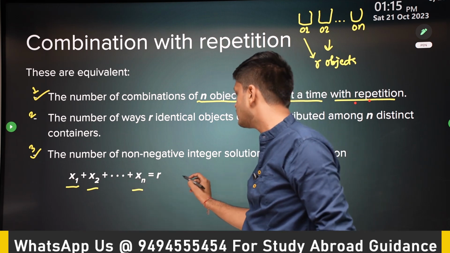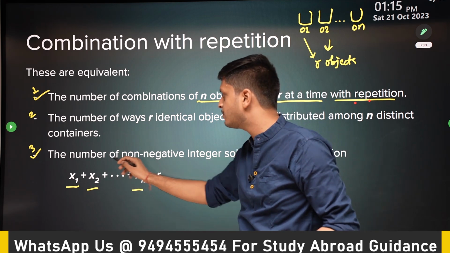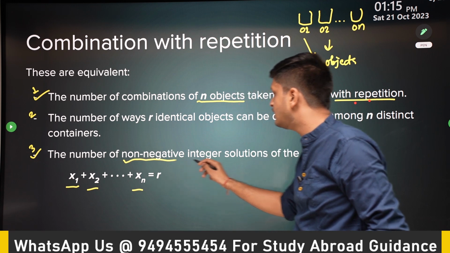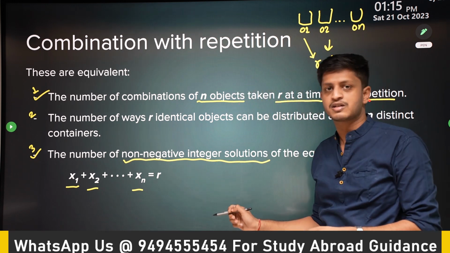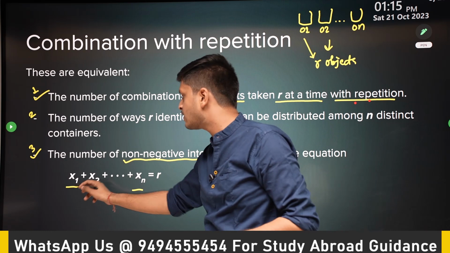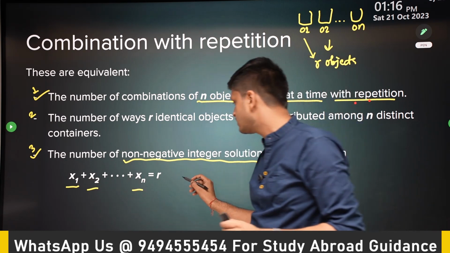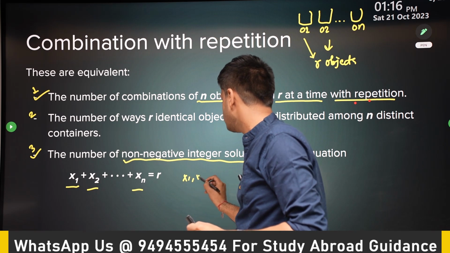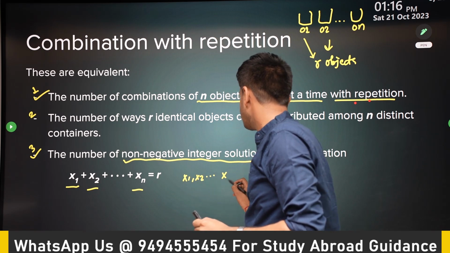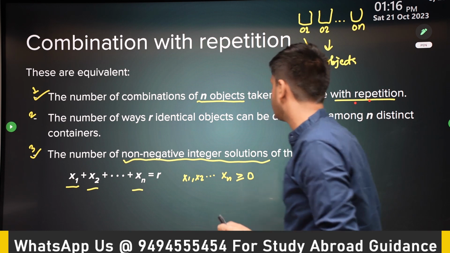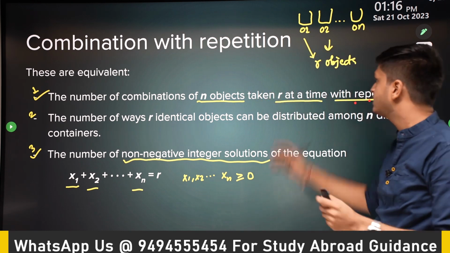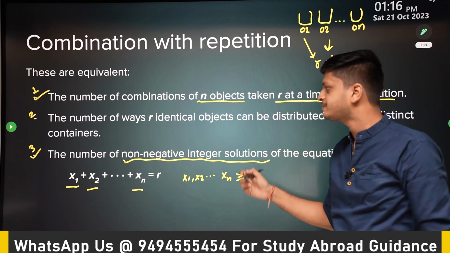And the condition is mentioned here: the number of non-negative integral solutions of this equation. What does it mean? That all the values of x1, x2, x3 up to xn should be non-negative, which means x1, x2 up to xn should be greater than or equal to 0. All of them should be greater than or equal to 0. Right? I hope you got the mapping.